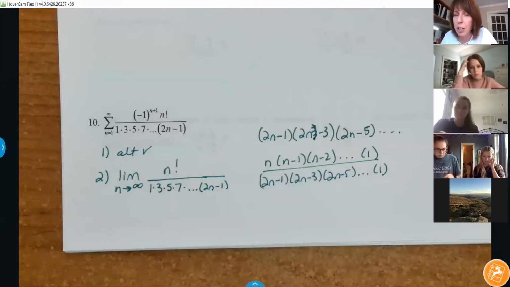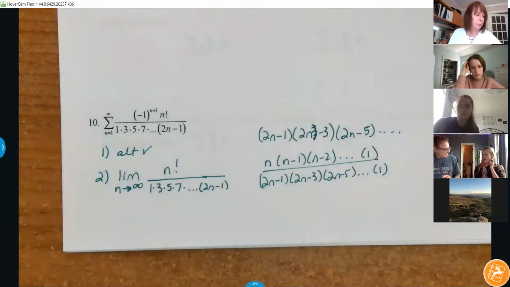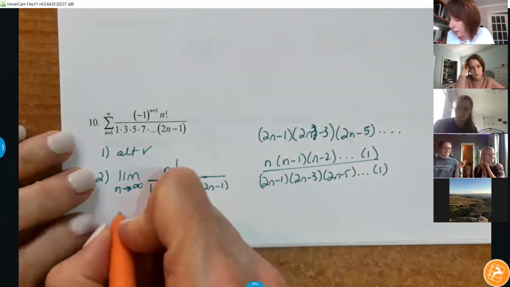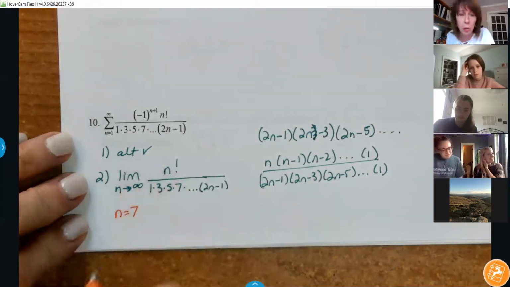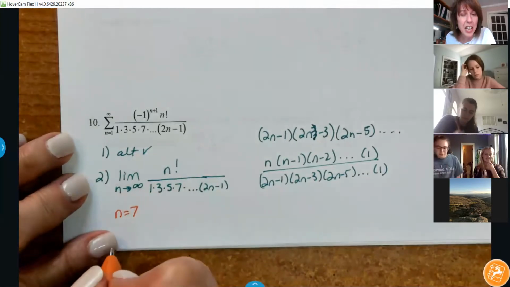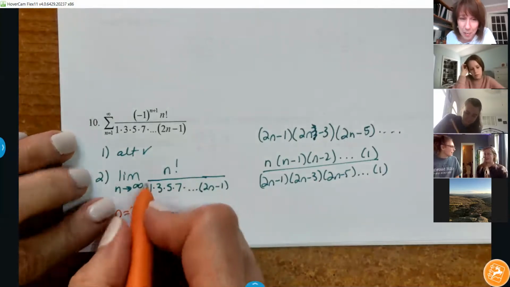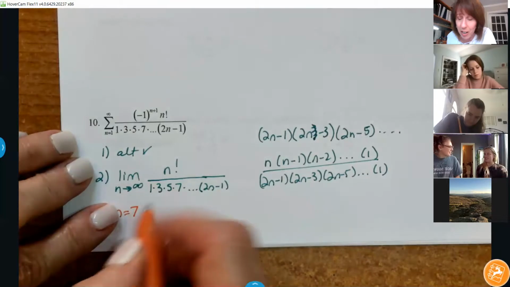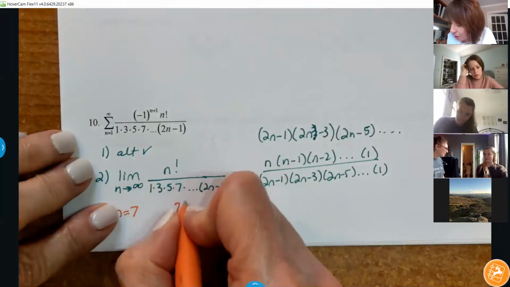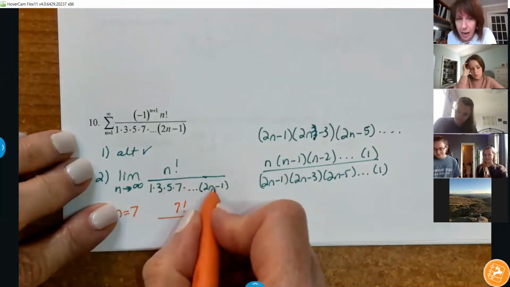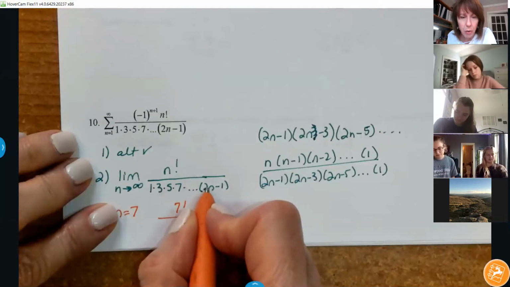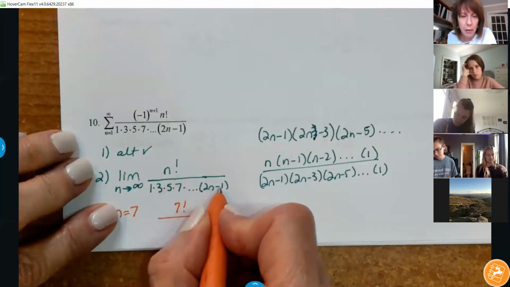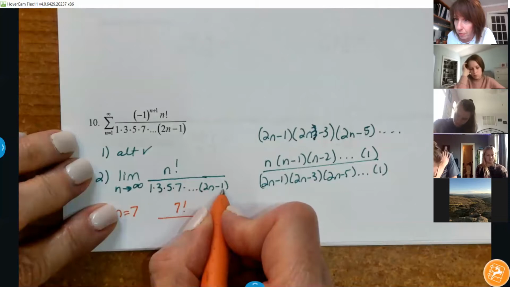And if you're not sure, I'm going to try some numbers. Let's see what happens when n is big ol' 7, okay? If n is 7, which isn't big, but it'll give us an idea what's going on. I would have 7 factorial on top, and then I would have 2 times 7 minus 1, right?